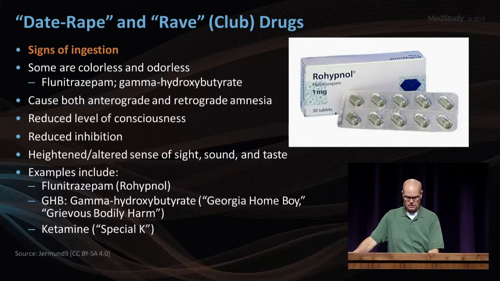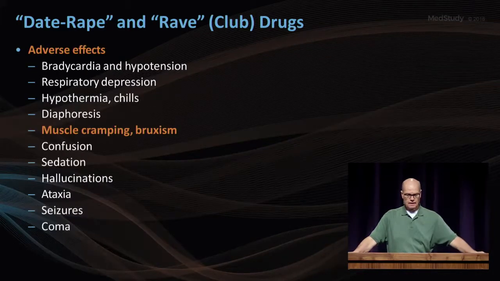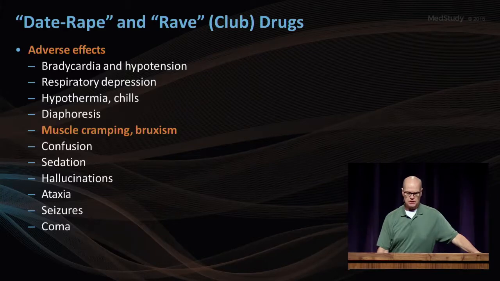Examples are listed there. Adverse effects, especially for these, buzzword, muscle cramping and bruxism. Again, some of these are going to be seen with a variety of other drugs. These seem to be more consistent with the two types of drugs that we're talking about here.